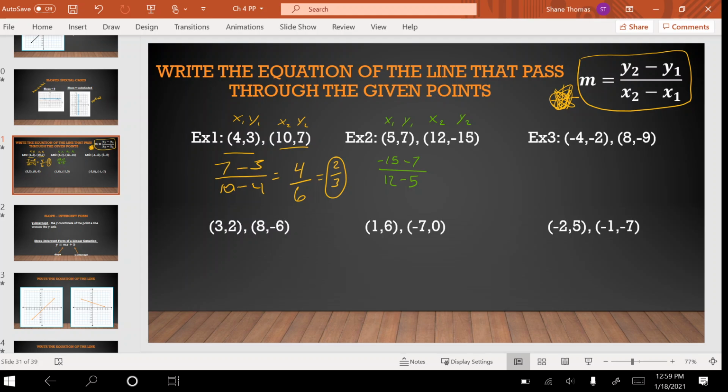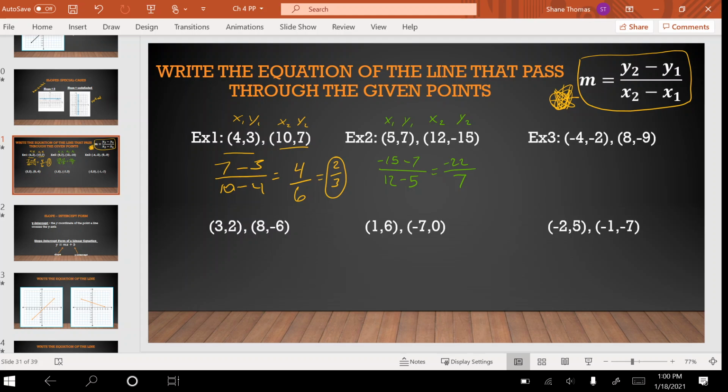All right. Now take your time on these. What's negative 15 minus 7? Yeah. Good. Negative 22. What is 12 minus 5?